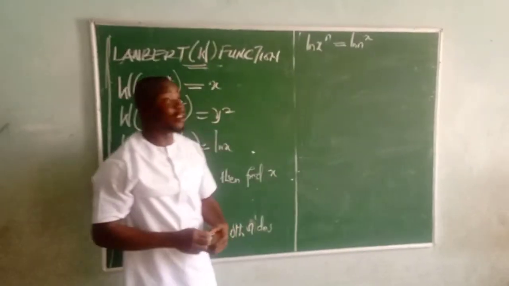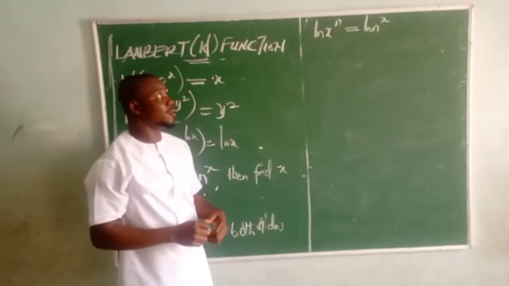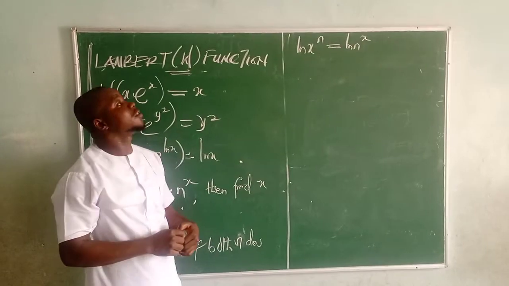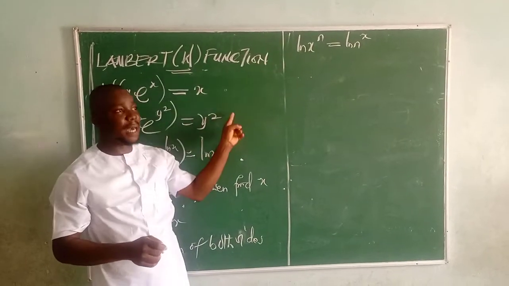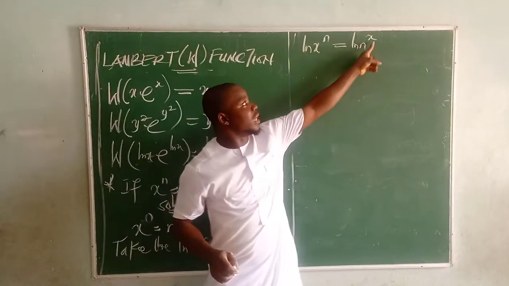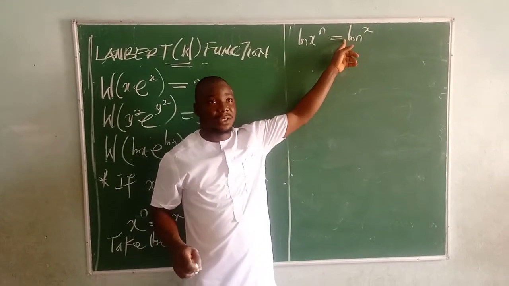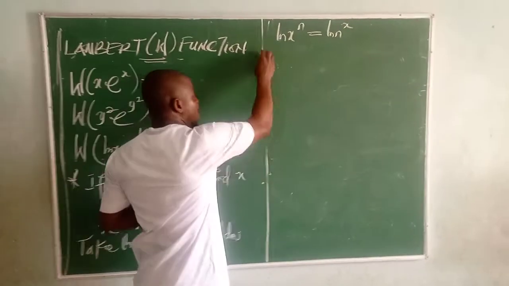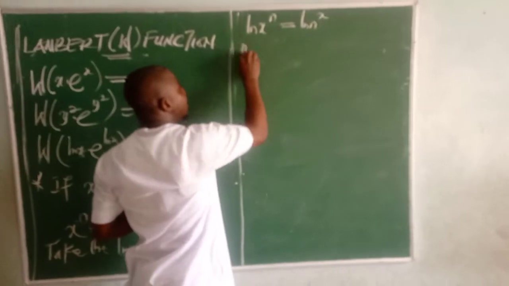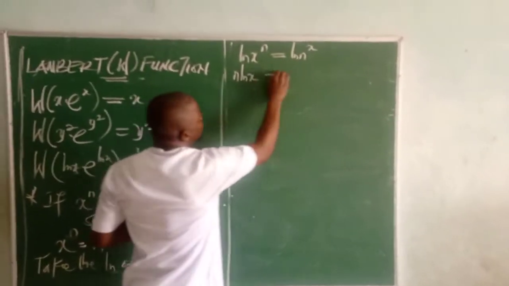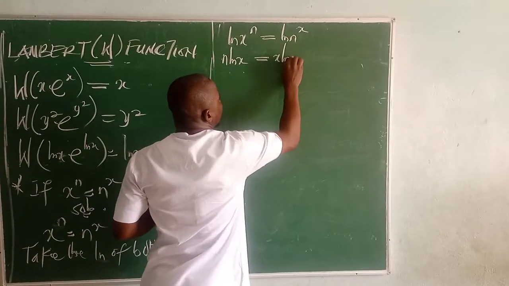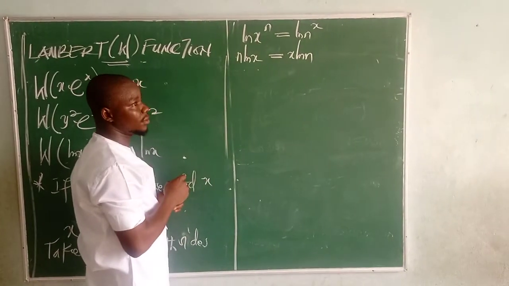ln is still the same thing as log to base e. And according to one of the laws of logarithm, when you have something like this, the n will come to the front of the logarithm, and the x here will also come to the front of the logarithm. So this gives us n ln x equal to x ln n.